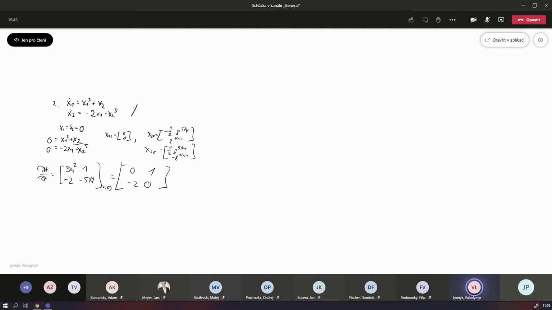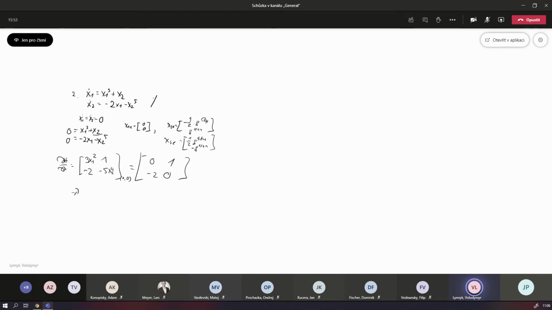And then we found minus lambda squared plus 2 equals 0.